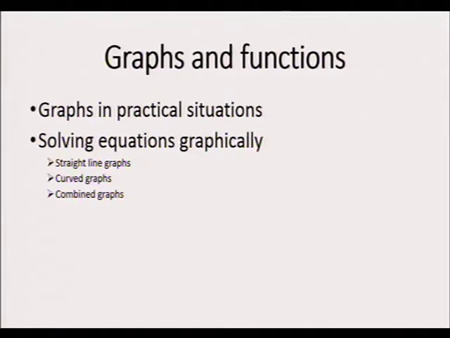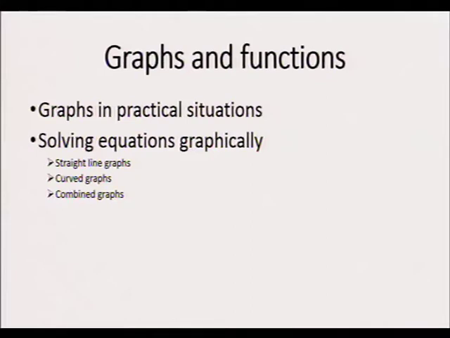What does that mean? For example, you are given two straight line graphs on one grid. Now you should be able to solve for the variables x and y.